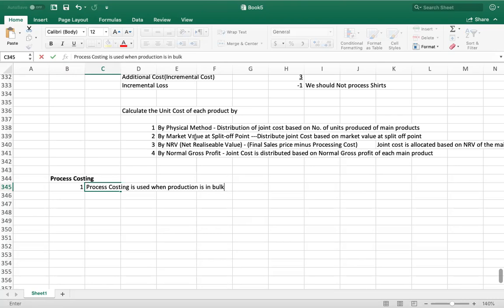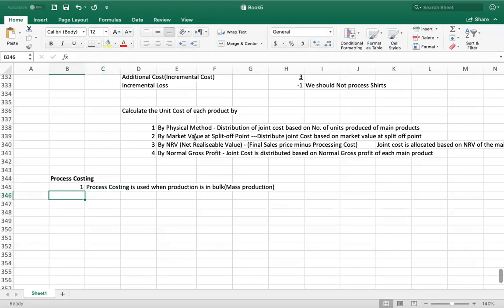Bulk means mass production, and mass production means when your production is very big, not a small amount but a very big amount of production. So in this case, we will use process costing.